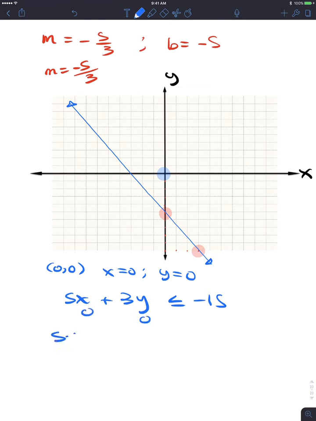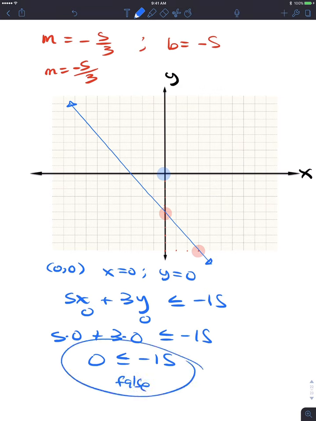We get 5 times 0 plus 3 times 0 is less than or equal to negative 15, or 0 is less than or equal to negative 15. This here is a false statement. Shade everything to the left. You shade the region that'll give you the true statement, and you're done.